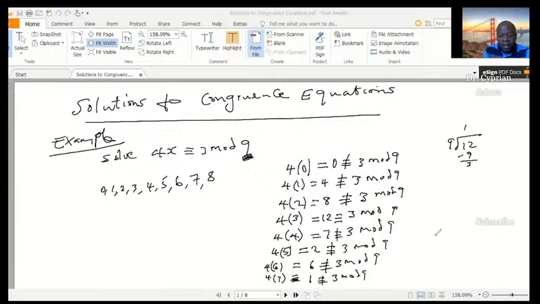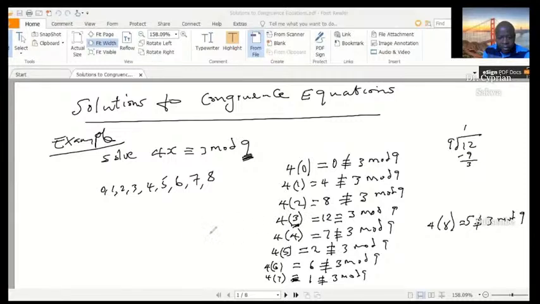And then we also have 8, that's the last value. 4 times 8 will be 32. 9 into 32, it will go there 3 times because of 27, and the remainder will be 5. 5 is not congruent to 3 mod 9. So we've discovered that the only solution to this congruence equation is this 3.